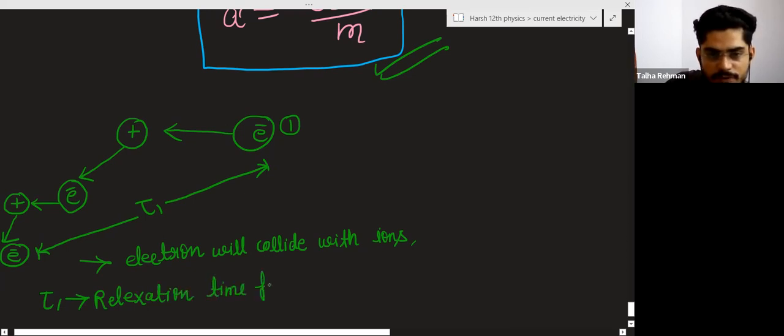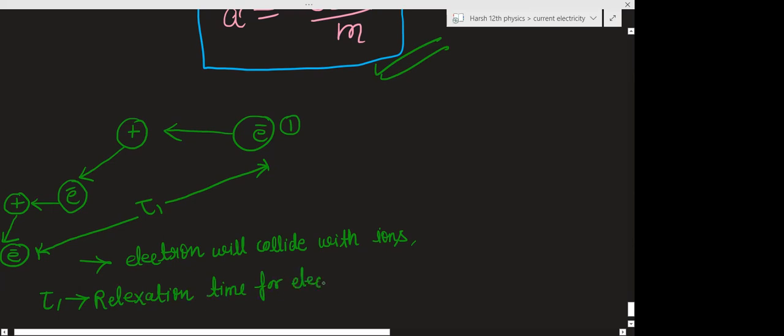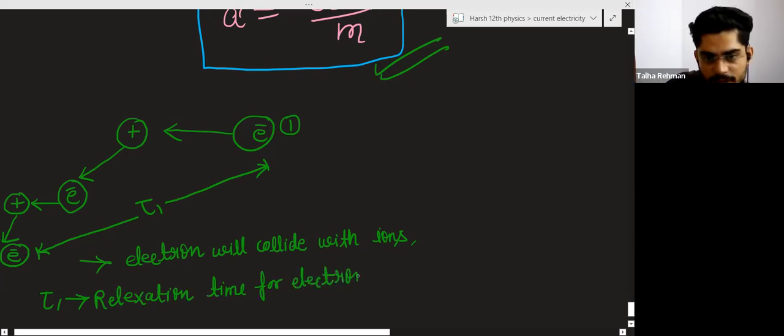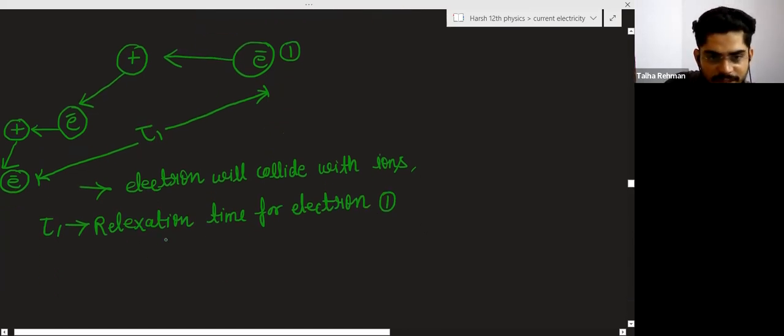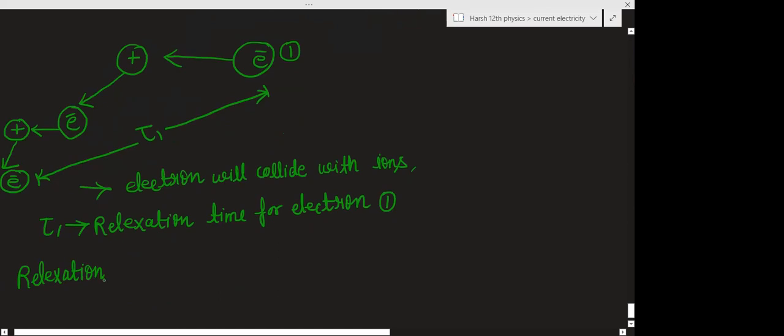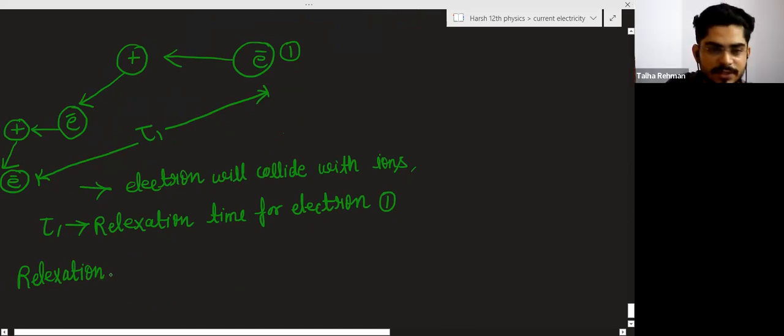And what is the relaxation time? The relaxation time is the time interval between two successive collisions of an electron with ions. See, here are two collisions.